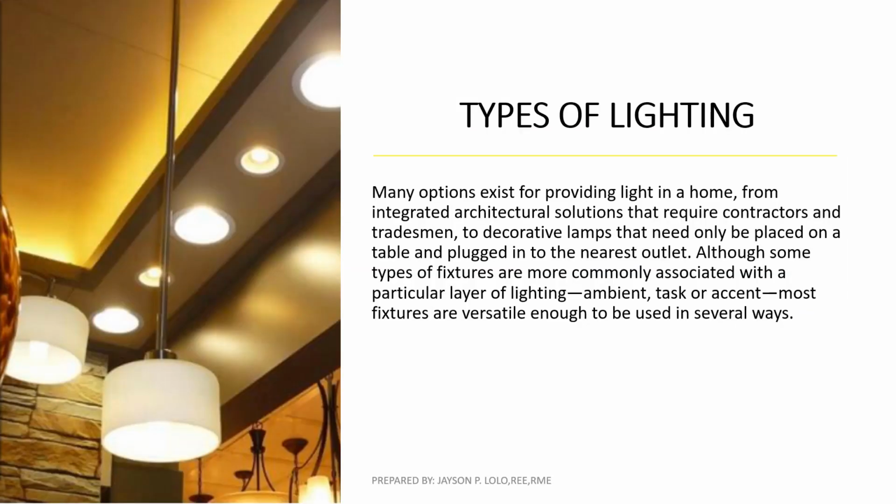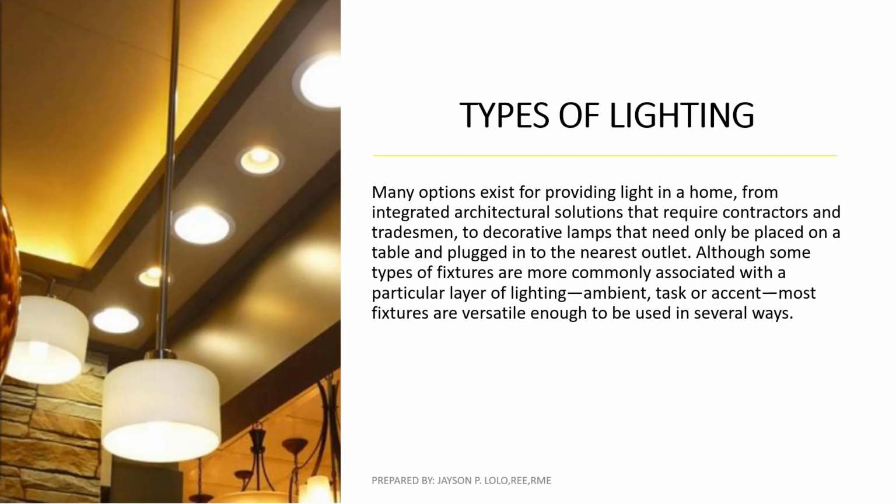Now, in types of lighting, many options exist for providing light in a home, from integrated architectural solutions that require contractors and tradesmen to decorative lamps that need only be placed on a table and plugged into the nearest outlet. So we will now discuss the different types of lighting.